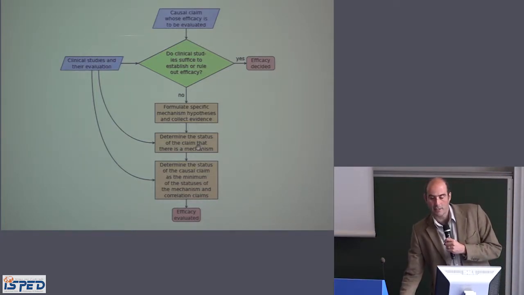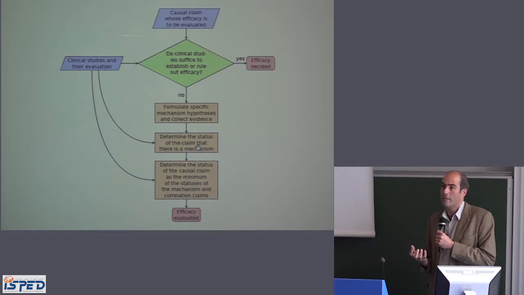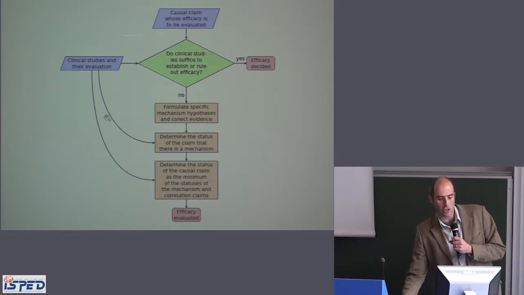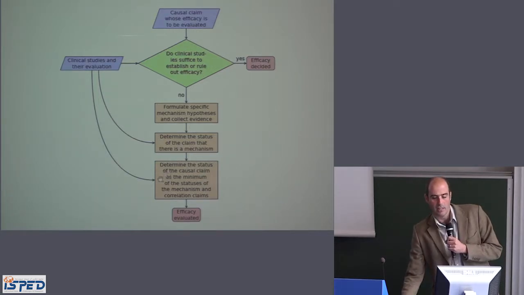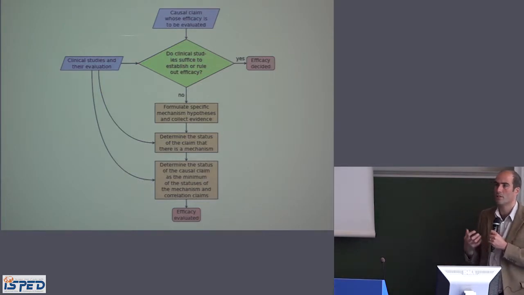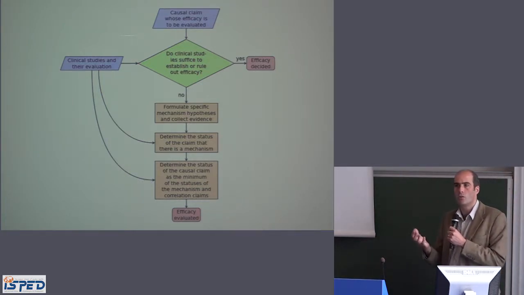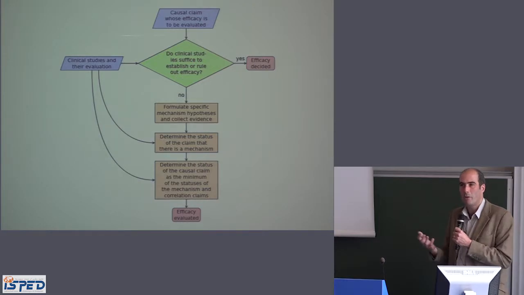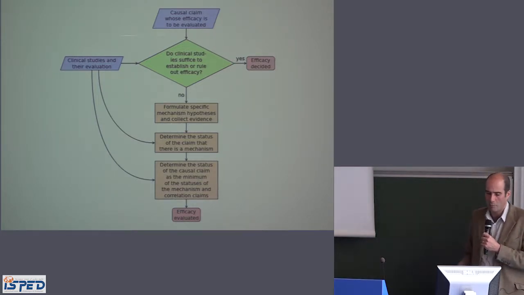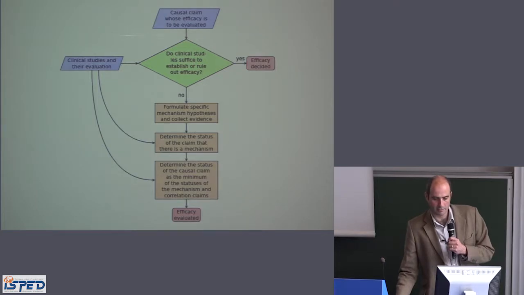Determine the status of the claim that there is a mechanism of action, and use that in conjunction with the clinical studies to help determine the status of the causal claim at the end of the process. So you're trying to work out, is your causal claim established? Is it maybe provisionally established? Is it arguable, or is it just speculative? Or have you even ruled it out? And the book provides some heuristics for doing that.